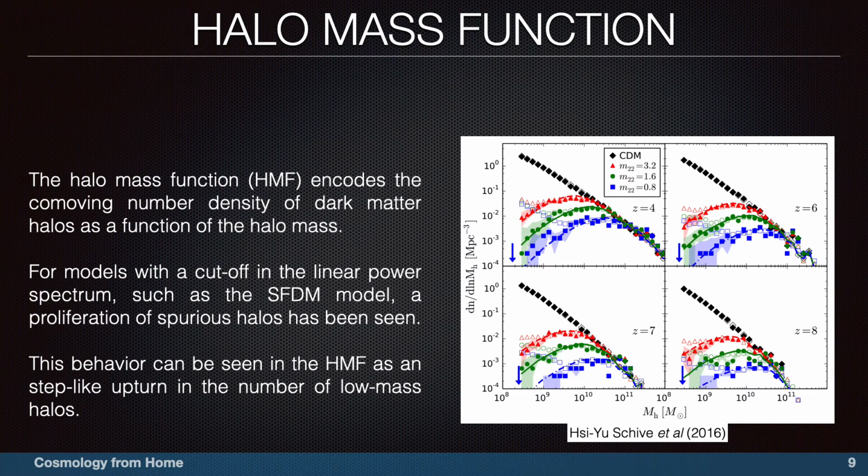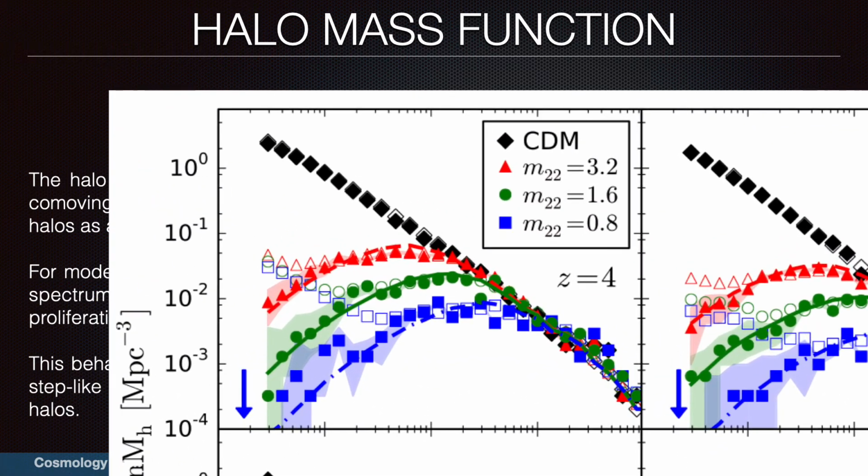In particle simulations of models with an initial cutoff in their linear power spectrum, like the scalar field dark matter model, we find a proliferation of spurious structures. As we can see in this work, where the open symbols show the increase of amplitude in the mass power spectrum for lower masses.